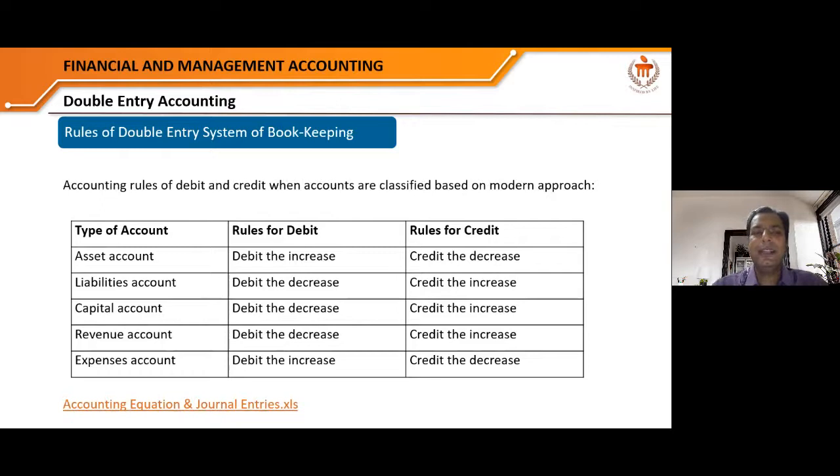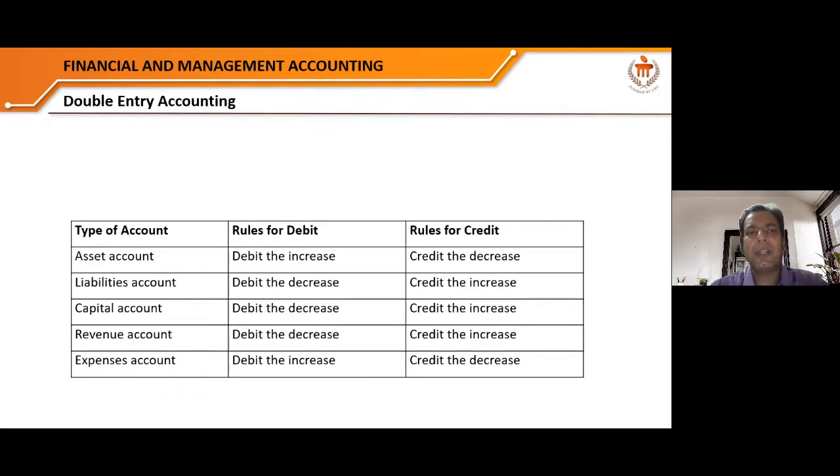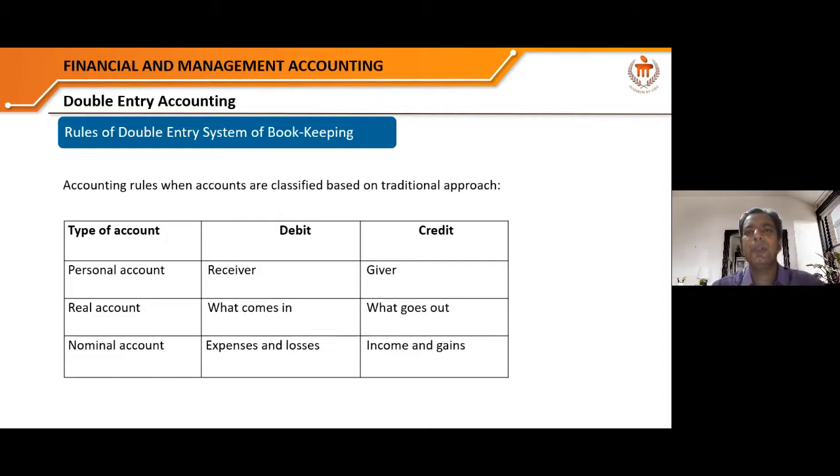Then we go back to our Excel sheet to have a view of it. I have two questions with me today. Again, it's an example only, and I have taken it from your book to make it convenient for you, so that we do a part of it and the rest you can do at home. Whatever problems you have, we can discuss in the discussion forum, or you can ask in the next class.